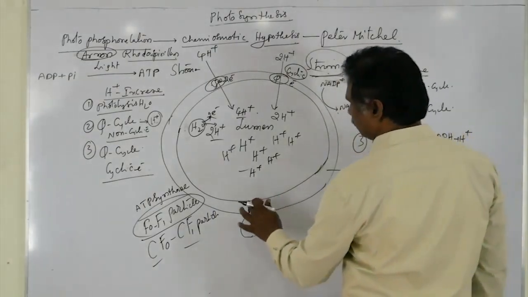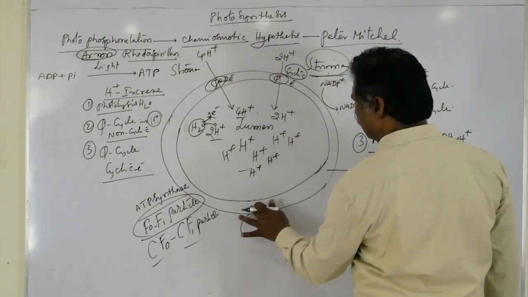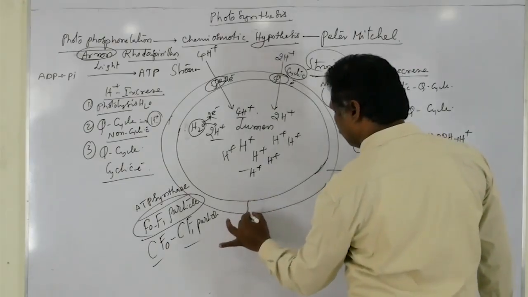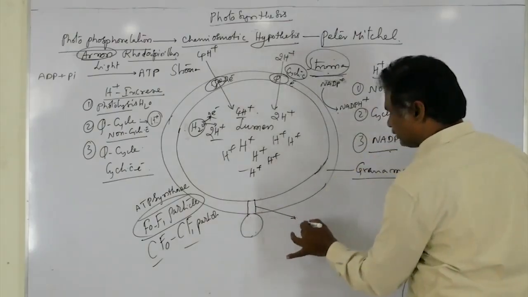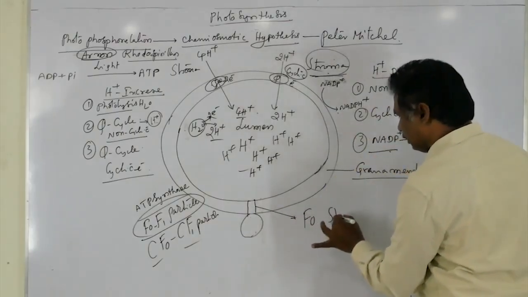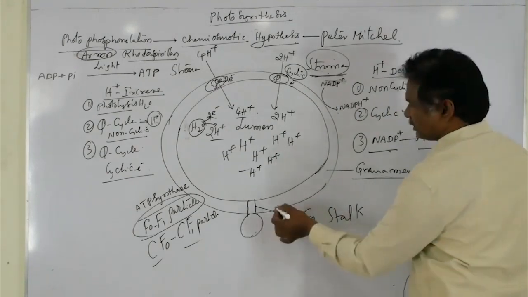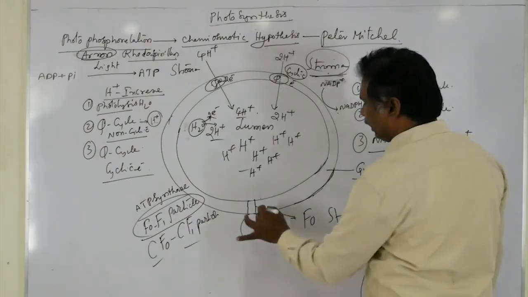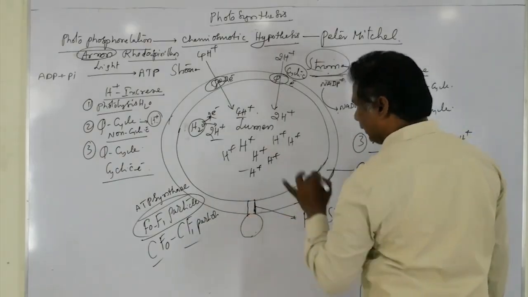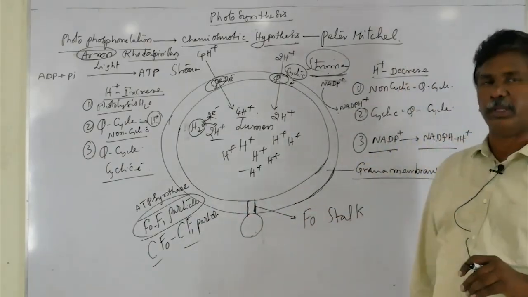So that F0 is embedded within the thylakoid membrane. That F0 is the stalk piece or tail piece. So the F0 lies inside the membrane. What is the benefit of the F0?